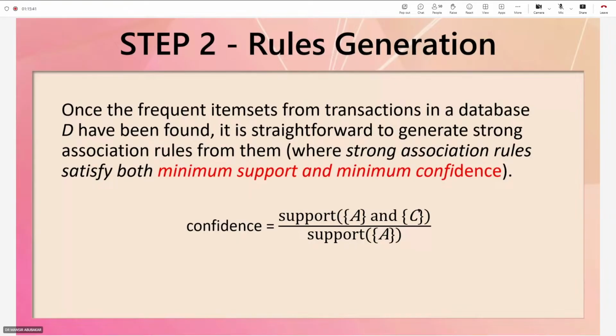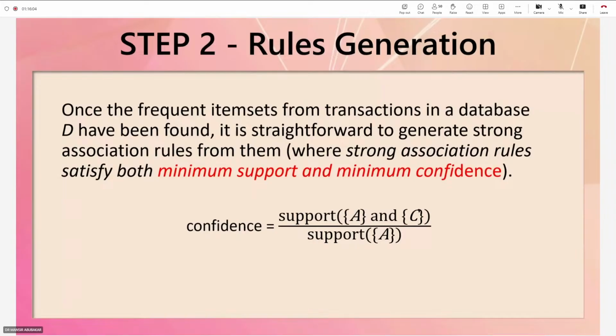So once the frequent item sets from transactions in database D have been found, it is straightforward to generate strong association rules from them, where strong association rules satisfy both minimum support and minimum confidence. Minimum support and minimum confidence are always given, as we have discussed previously.